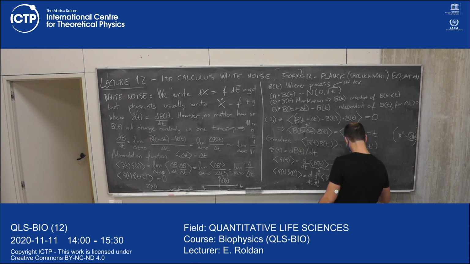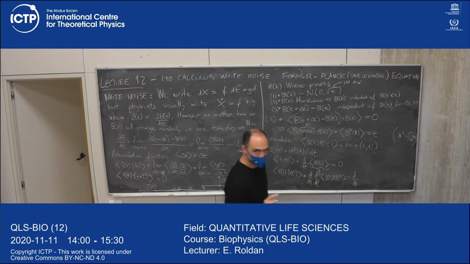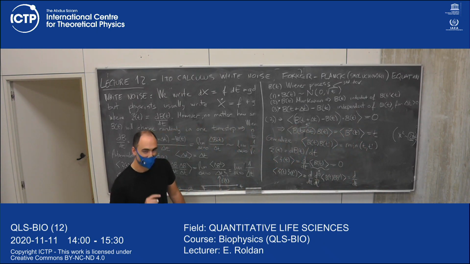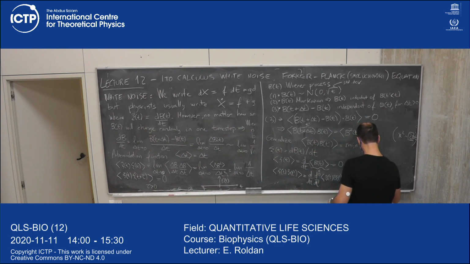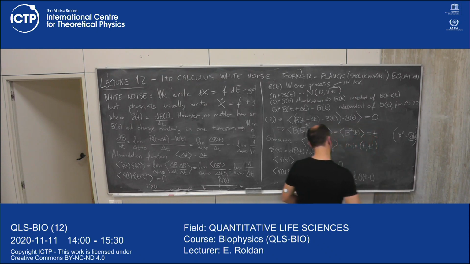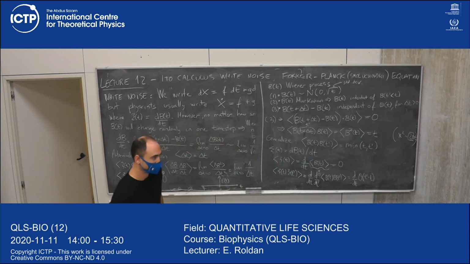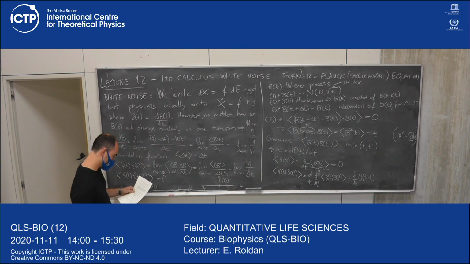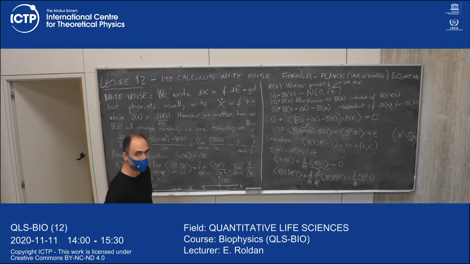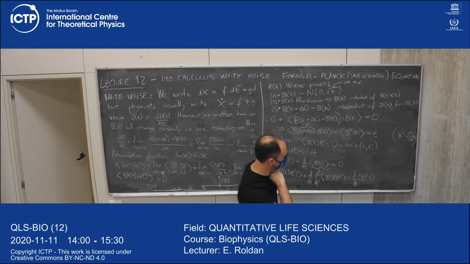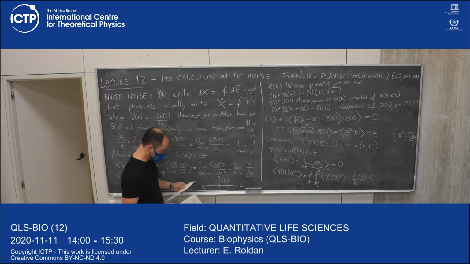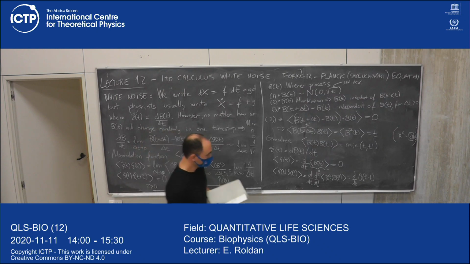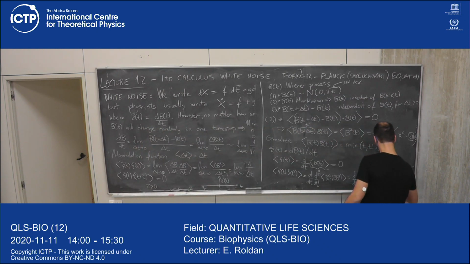It will be d/dt, and the derivative of the minimum function is the Heaviside function, theta of t prime minus t. You can convince yourself that this is the case. And now you have to do the derivative of the theta function. Anyone knows what is the derivative of the theta function? It's the Dirac delta, exactly. So this becomes Dirac. This is another way of making a proof of this.